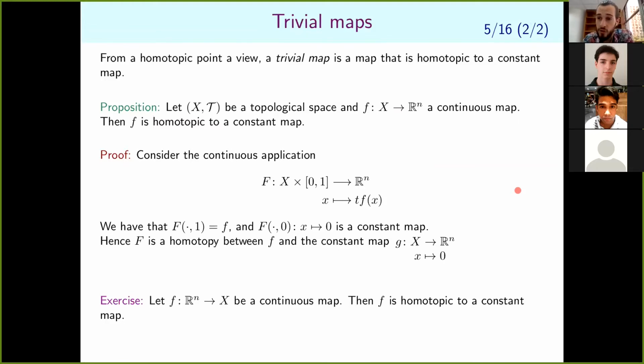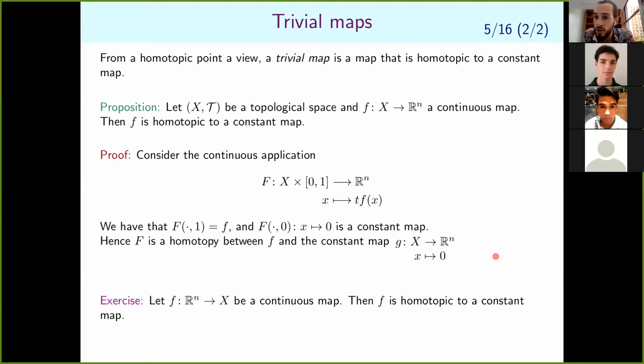And this is the case also in the other direction. You can show that any map with domain Rn is trivial. Any map with domain the Euclidean space is homotopic to a constant map. And this will be an exercise for you. Okay.